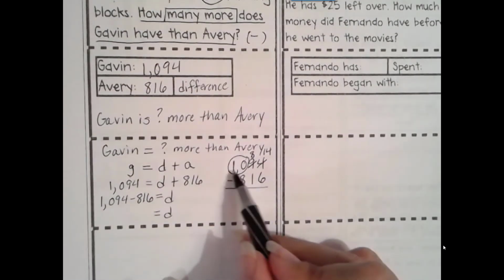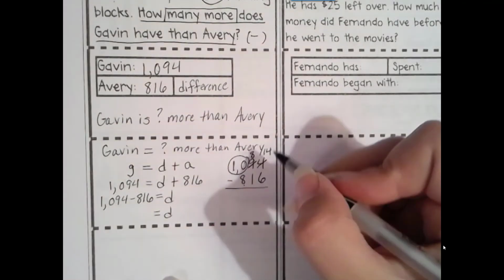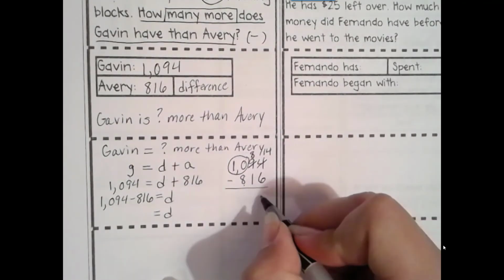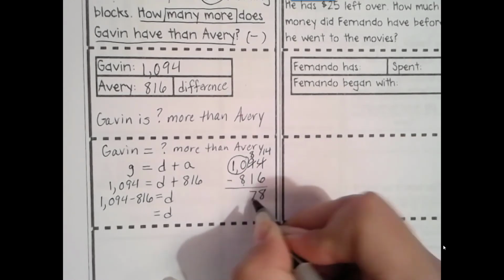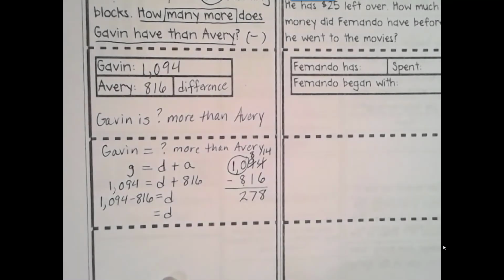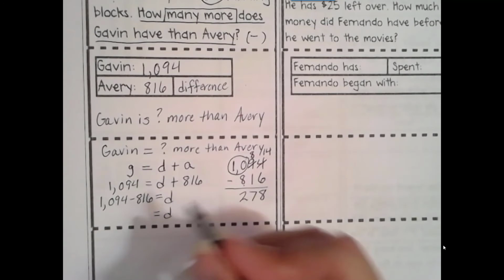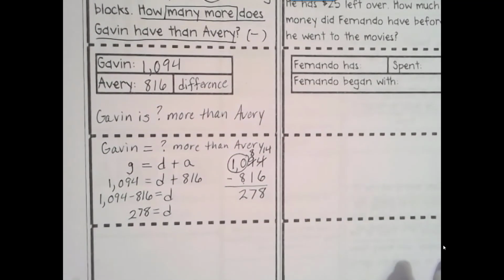So I could just look at that 10 together, take away 8. 14, take away 6 is 8. 8 take away 1 is 7. 10 take away 8 is 2. So my difference over here, what my D would be to make this true, is 278.